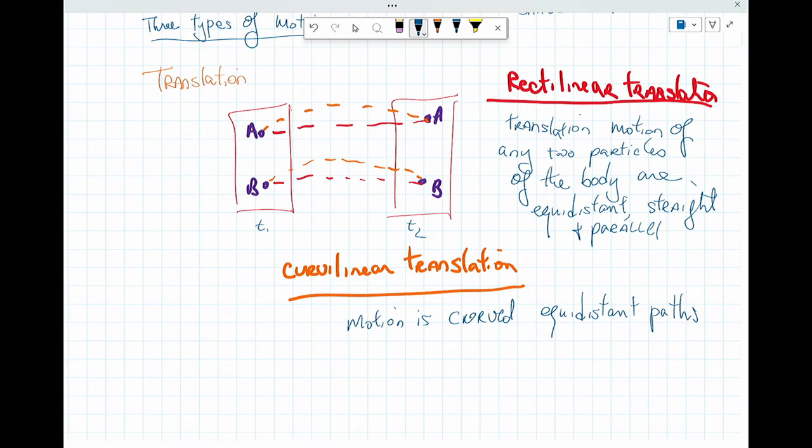It just sort of moves up and down, does whatever, but it doesn't rotate. And you can guess what the second type of motion is going to be.